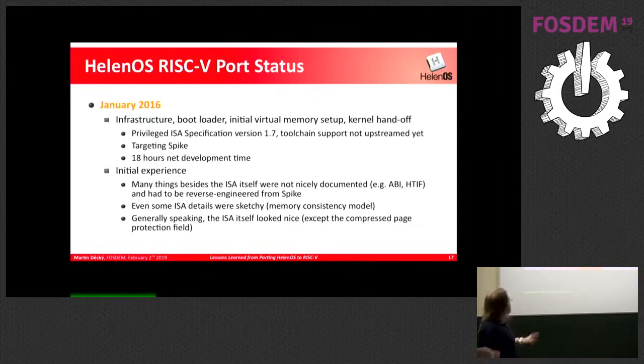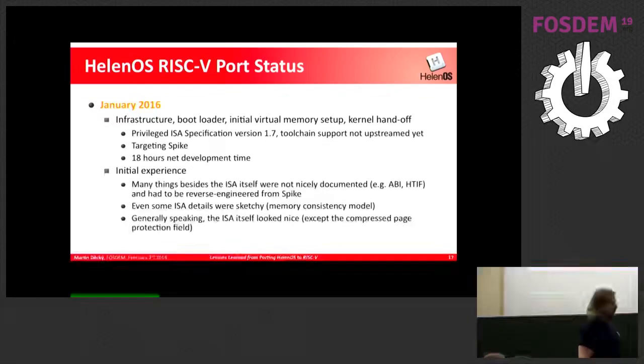If you remember, in 2016, the privileged ISA specification of RISC-V was at version 1.7. There was no upstream toolchain support, so no GCC, no binutils upstream support, and the only usable emulator or platform was Spike. So it took me something like 18 hours to get some basic functionality.